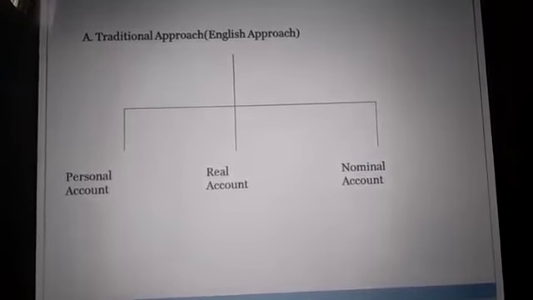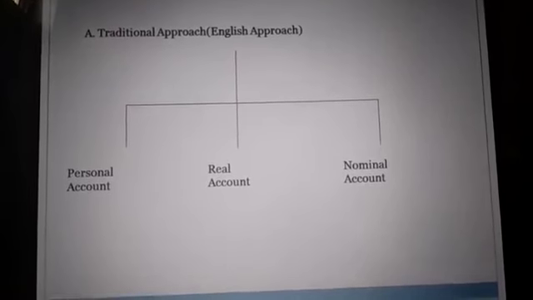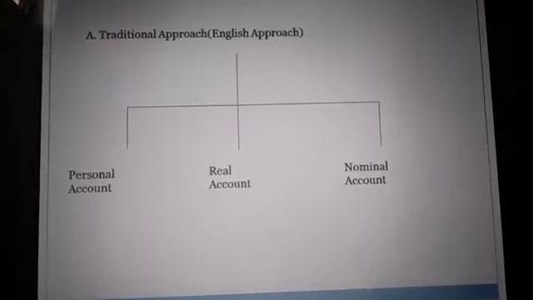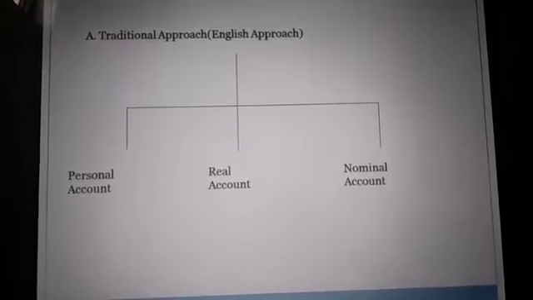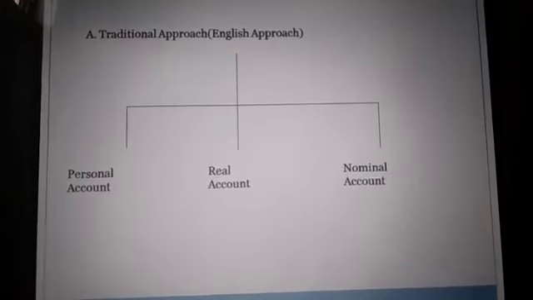Personal account is classified into three types: natural personal account, artificial personal account and representative personal account. Second, real account, which deals with tangible and intangible assets, and last, nominal account, which relates to income, expenses, losses and gains.